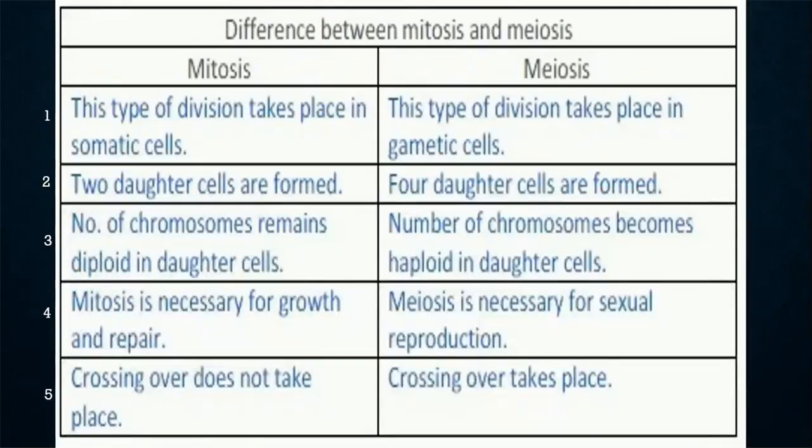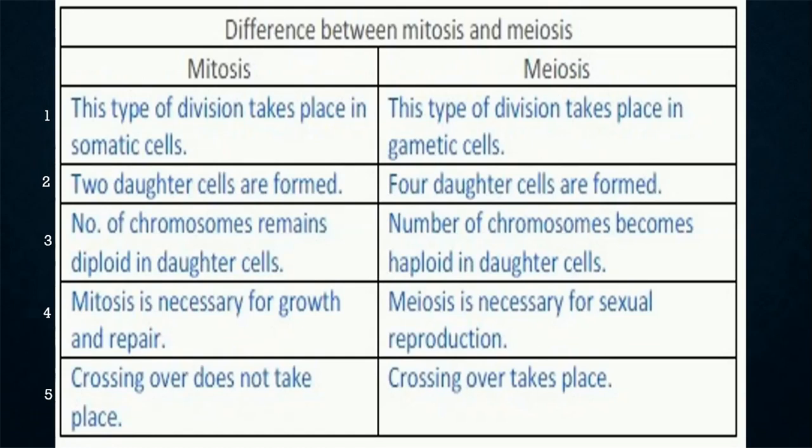So let's talk about the differences between mitosis and meiosis. Quite easy based on what we've done earlier. Now, mitosis, number one, it occurs in somatic cells, while meiosis occurs in gamete cells. Number two, under mitosis, 2 daughter cells are formed, but in meiosis, 4 daughter cells are formed.